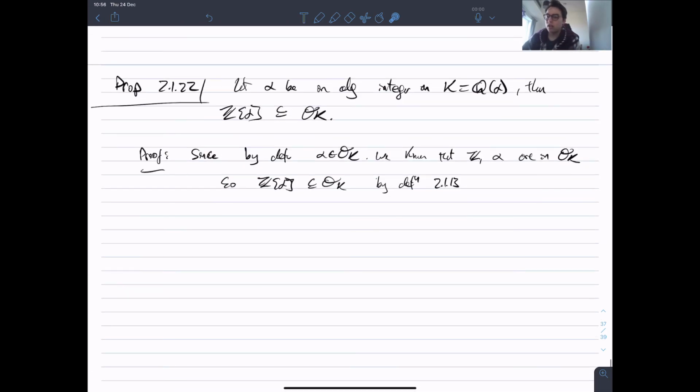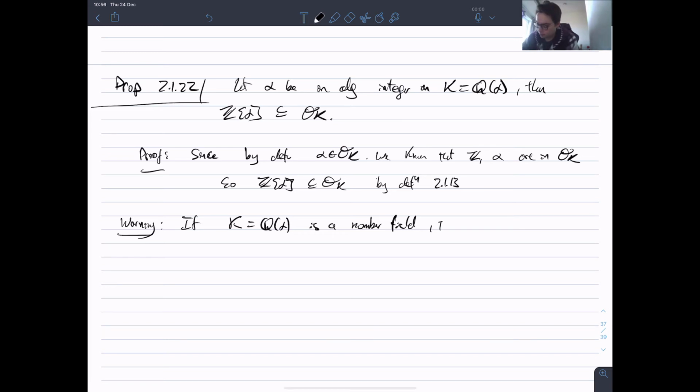Now let me give you another warning. If I have K equals Q(alpha), a number field, then it's not always the case that Z[alpha] equals O_K. I've just told you that, see Theorem 2.1.11, for example.